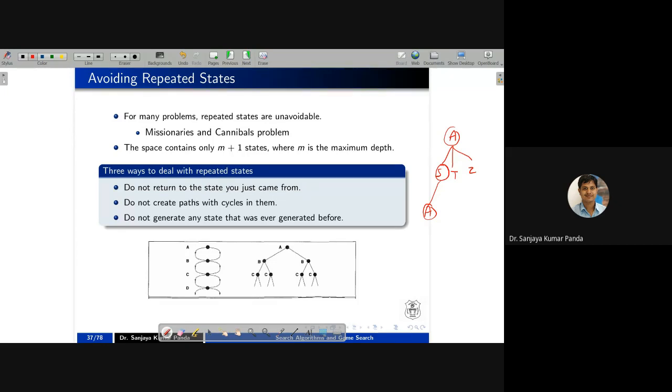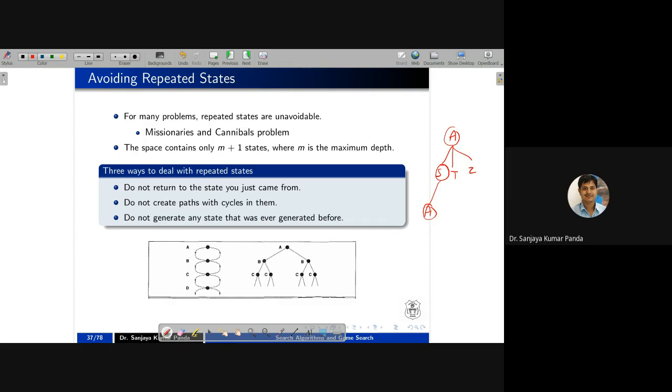One of the examples we have also seen in my first lecture is the problem called the missionaries and cannibals problem. In the missionaries and cannibals problem, we have to move from one side of the river to the other side of the river. So in that case, if you see the solution, you will find a number of states are repeated.